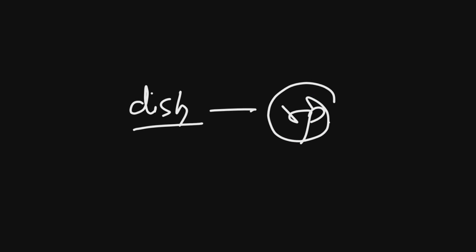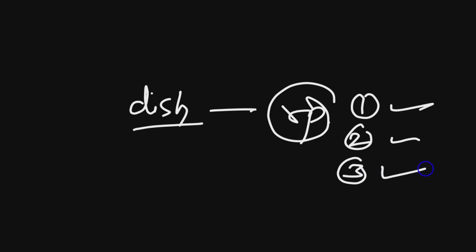For example, in a kitchen, I have to prepare a dish. Before preparing that dish, I am going to write a recipe step by step. Step 1 I have to do this, step 2 I have to do this, step 3 I have to do this. Like this I will prepare a recipe before preparing a dish.